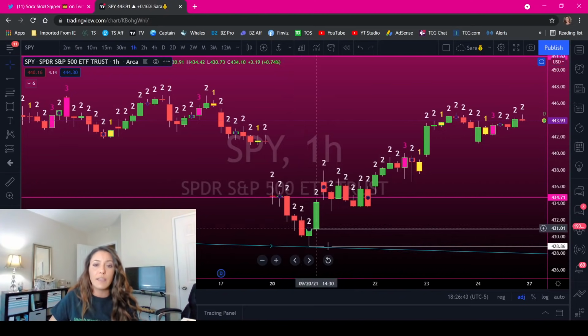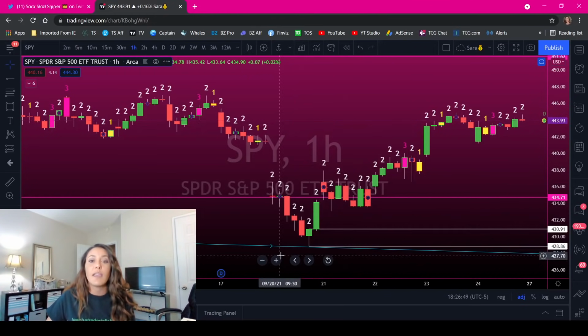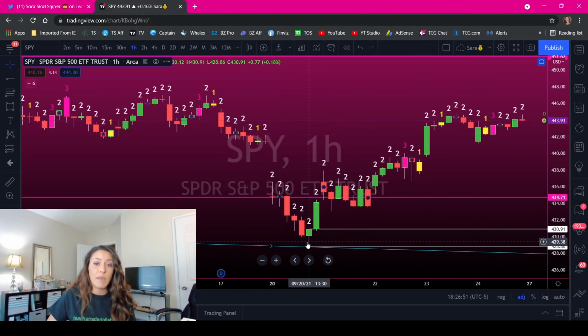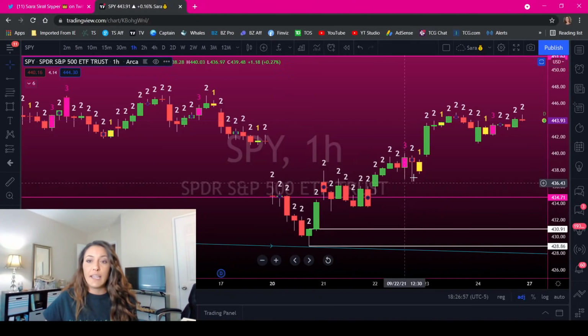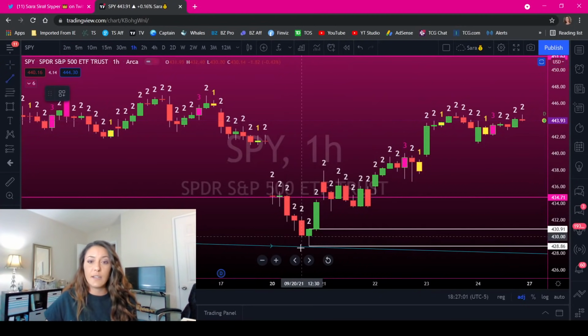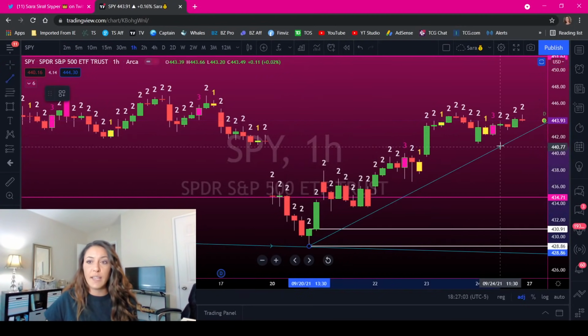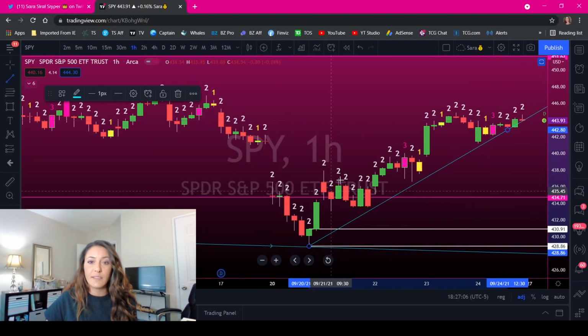But it's very likely that since we took out all the pivots on the daily, the weekly, the monthly, this is when they're going to start buying back now because they scared everybody out of the market. So that was the entry, and it's just been, you know, a nice little uptrend ever since. Okay, so what now?